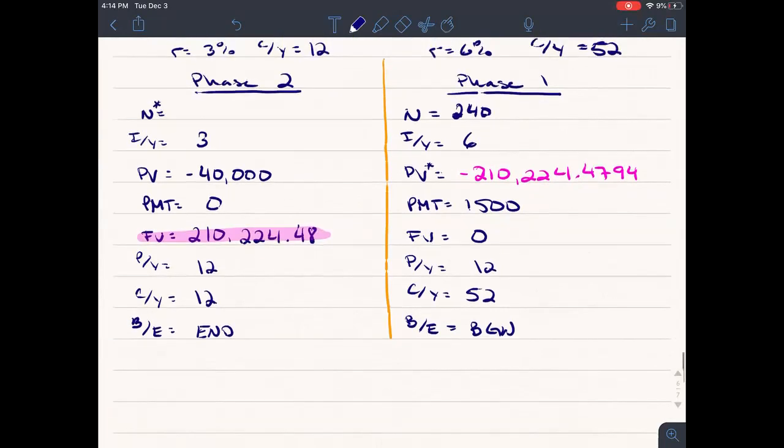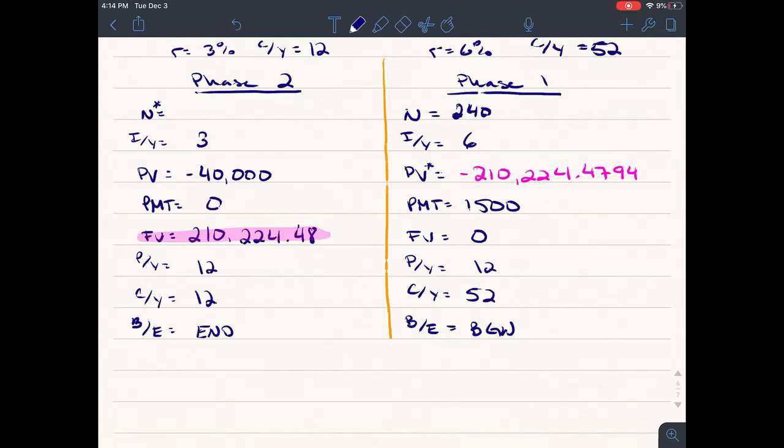There we go. We're solving for n. We've got 3 for our interest per year, negative 40,000 for our present value, 0 for the payment amount, and 210,224.48 for our future value. And what you'll notice is as soon as you change your payments per year to 12, your compoundings per year are also 12.